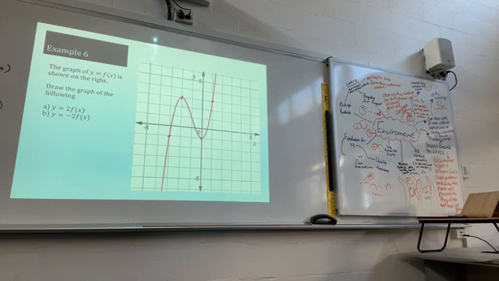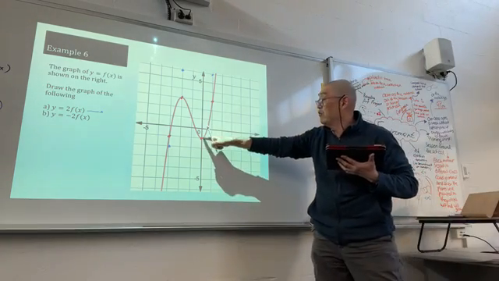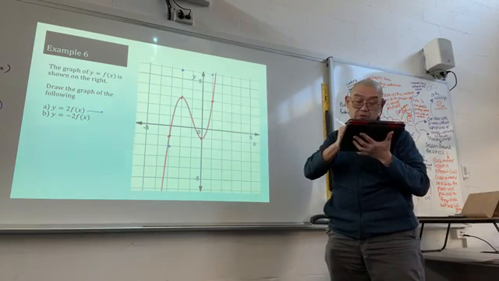So if I use the blue line again for the 2f(x), this will go up to there. If it is minus 1, 2 times minus 1 is here. This one will go up to there as well, correct? And finally, what about this y? It will go from minus 1 to minus 2.